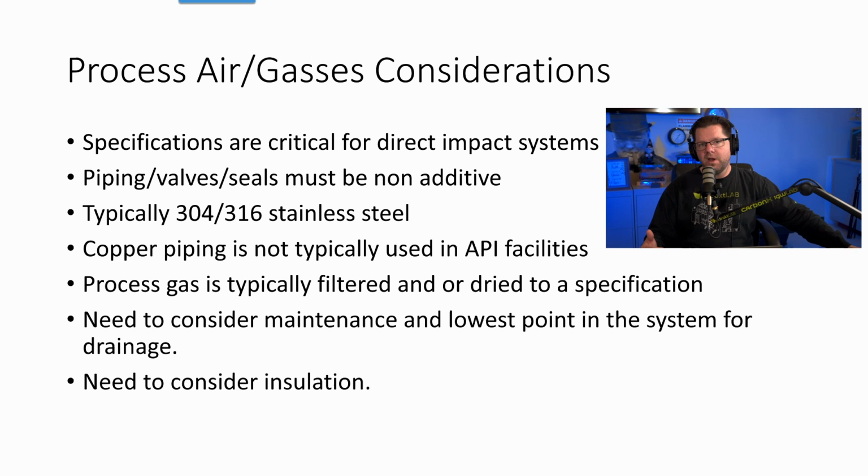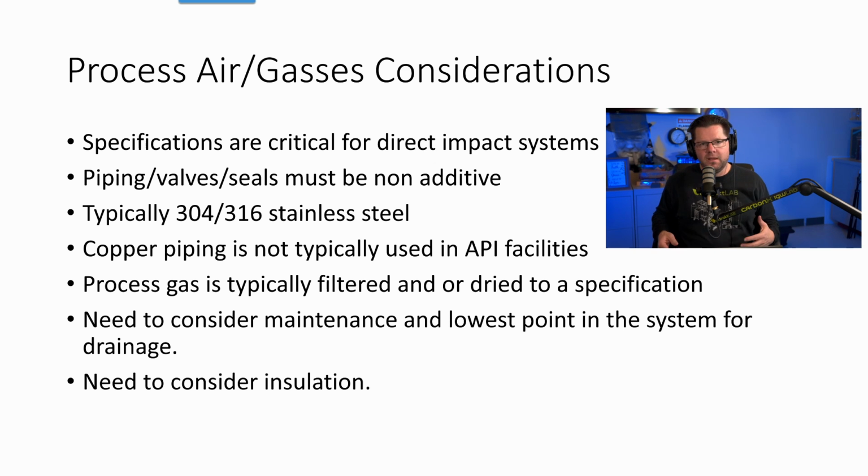If you have process air being used to blow out a filter apparatus, and all the material is collected out of the filter apparatus, then you would want the air dried to a specification so it wasn't adding water to your process, because it's wet air or whatever. Those are the types of things you need to be thinking about.